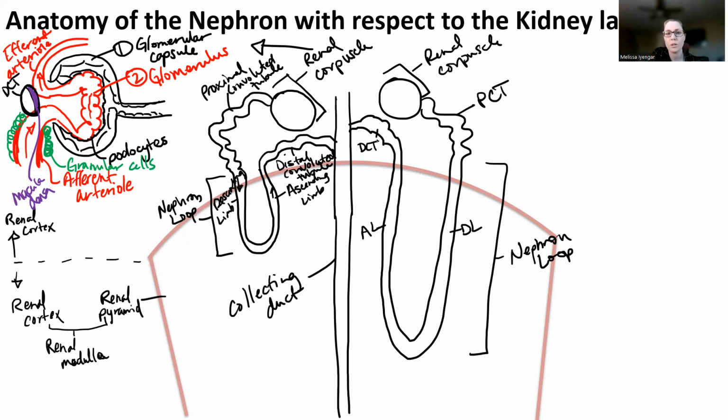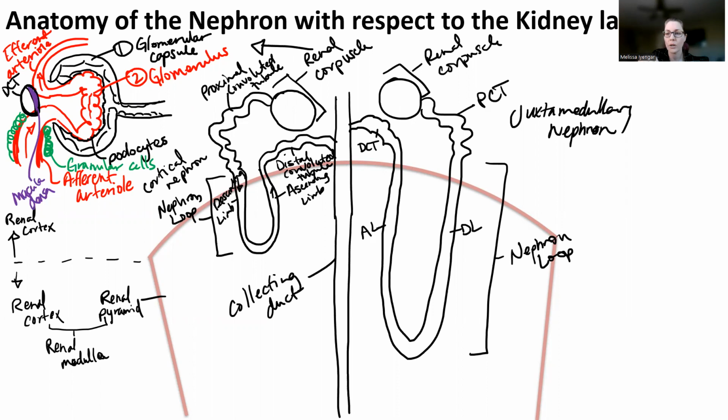So one thing you should notice, the difference is the juxtamedullary nephron, which is over here. Sorry about my crazy handwriting. The juxtamedullary nephron, and this is our cortical nephron. So the juxtamedullary nephron has a much longer nephron loop, okay?